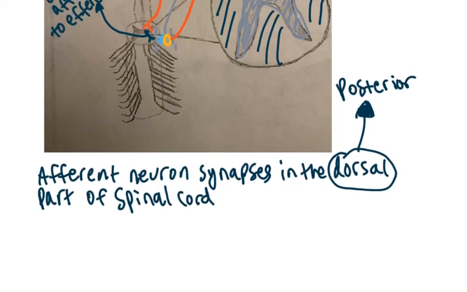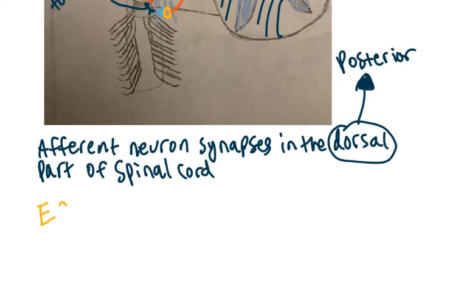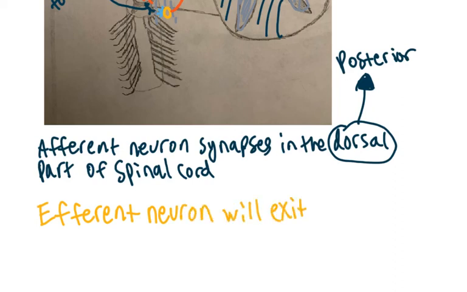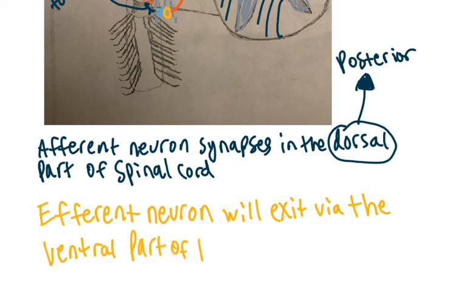And then we said that efferent neurons, or the efferent neuron, the motor neuron, is going to leave, or is going to exit, via the anterior part of the spinal cord.